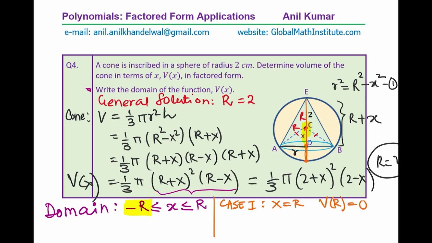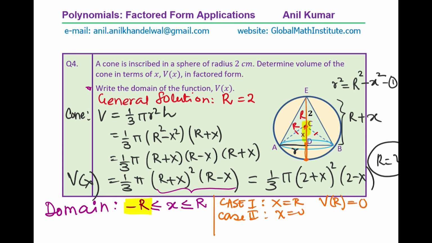Do you see that? That is x equals to r. How about case 2? X equals to 0. So x equals to 0 basically means the sphere is here, right? At this point, we have a cone and we form this cone, correct? At this position, x is 0, right? So if x is 0, we get the volume as equal to 1 by 3 pi r cube.